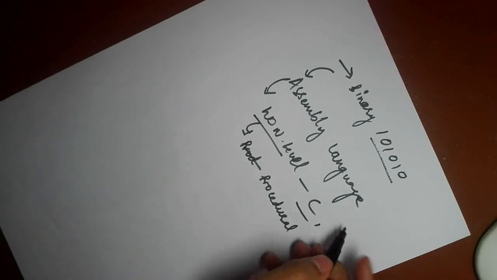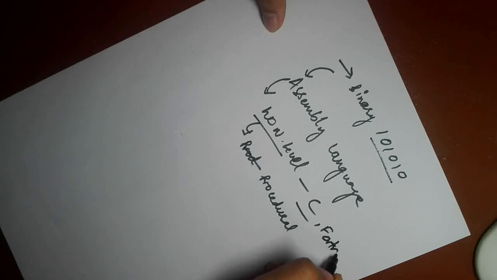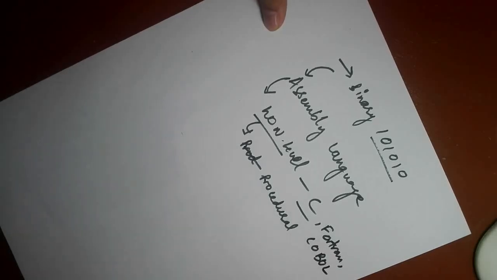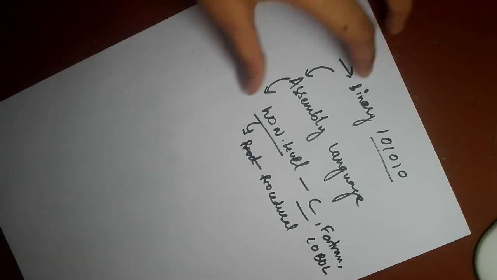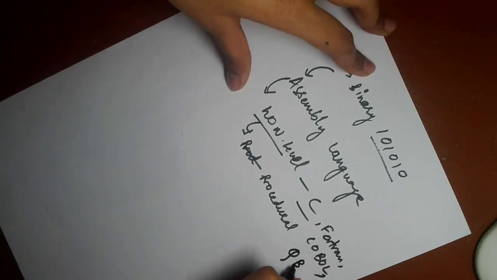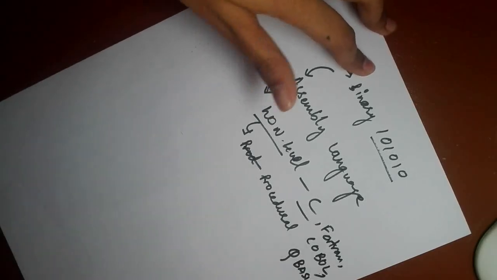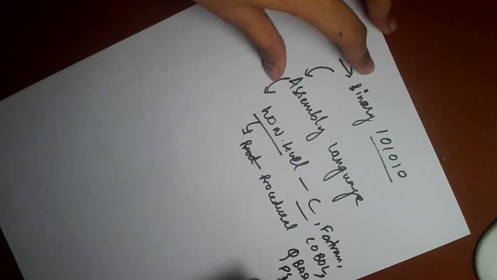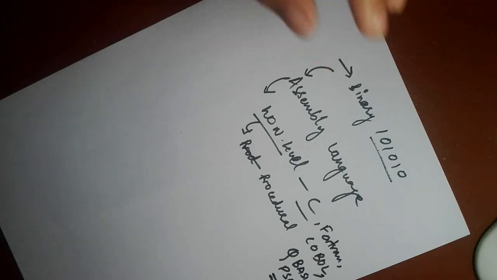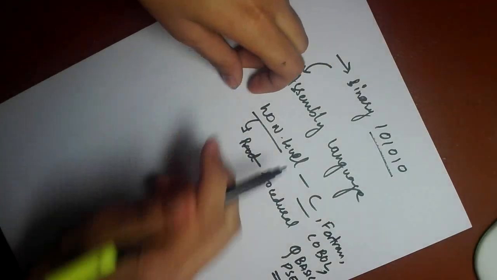Other than C, there's Fortran, COBOL, and all those boring languages, QBasic. We had that in 6th grade. It's fun. PSET is also, if you're interested, you can actually Google it. It's quite interesting. Okay, so this is about low level languages.